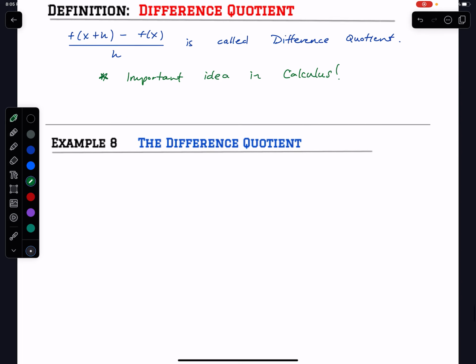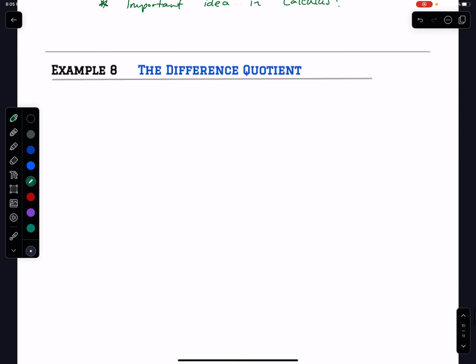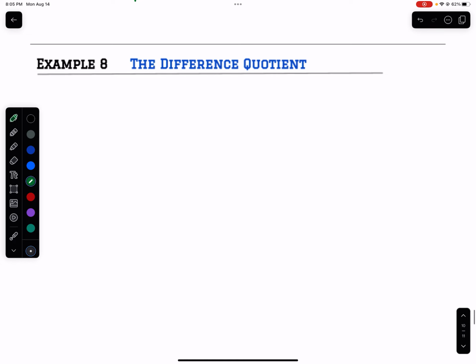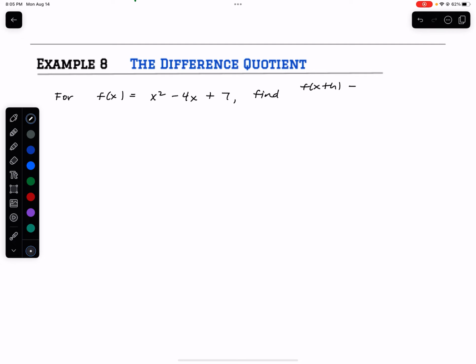So whenever we use a difference quotient, the idea is to simplify a function as much as possible. So for our problem, for the function f of x is equal to x squared minus 4x plus 7, find f of x plus h minus f of x all over h.